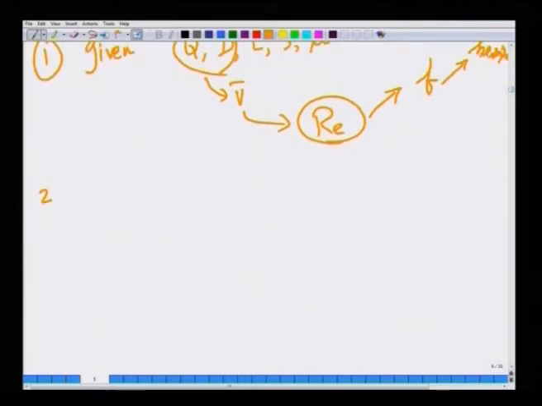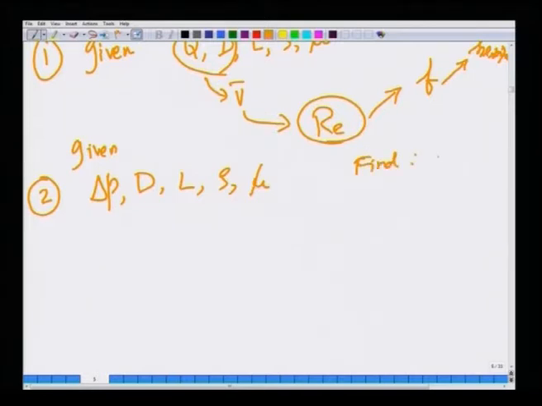Now, there can be another class of problems also. Suppose you know delta P, diameter, L, rho, mu, and we are asked to find the velocity or volumetric flow rate.